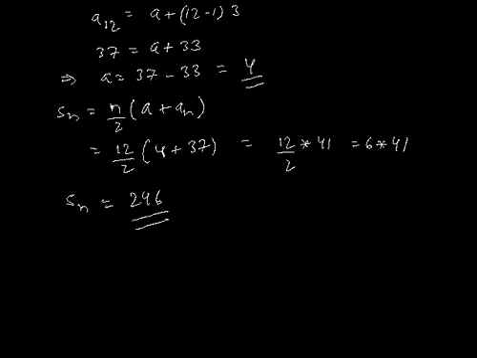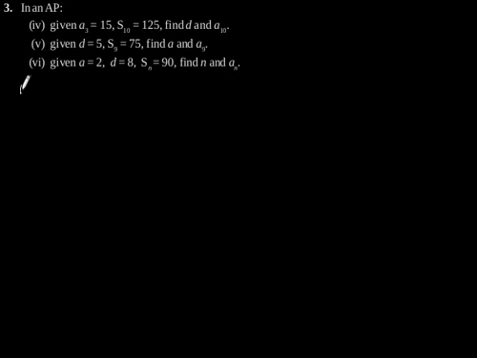Now the fourth part. Fourth, given a3 is equal to 15 and S10 is equal to 125. We need to find out d and a10.